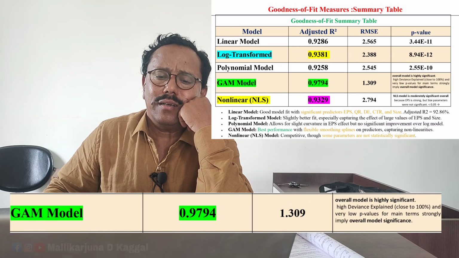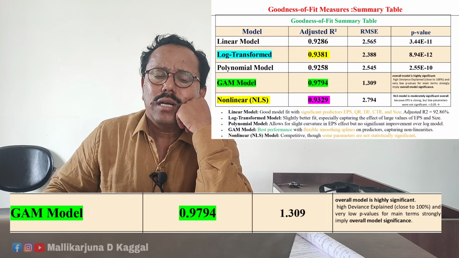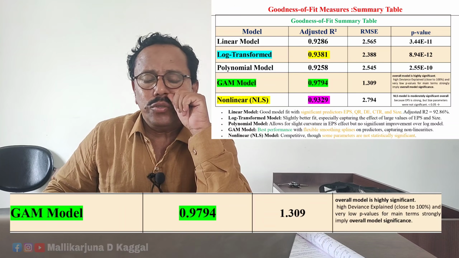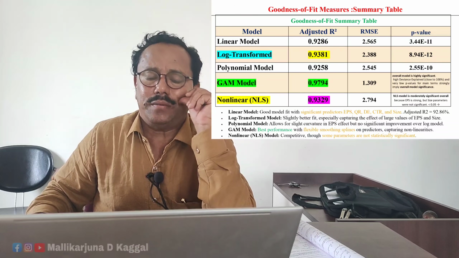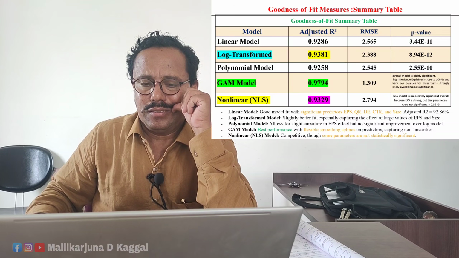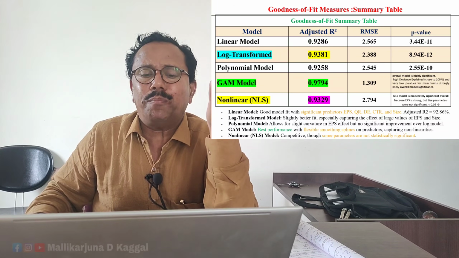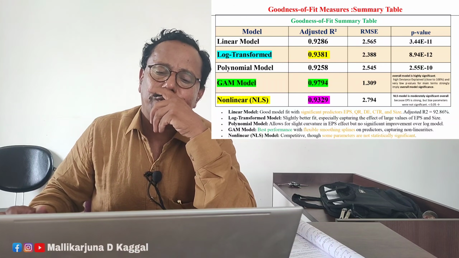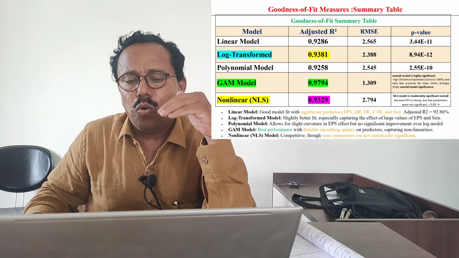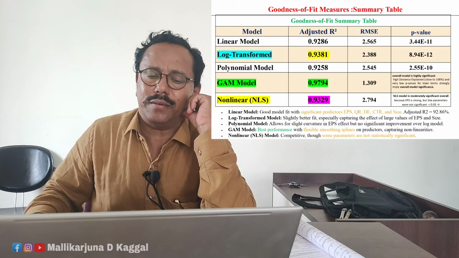Root mean square error is used for the precision of prediction, the accuracy error. The lesser the accuracy error, the more the precision for prediction.